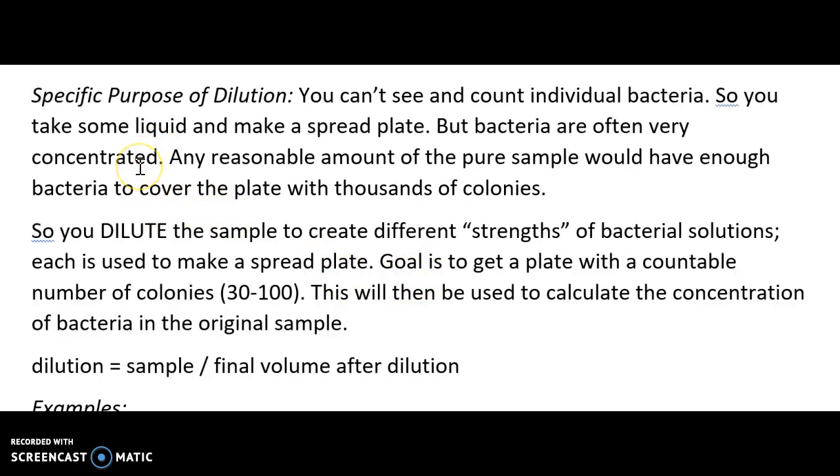To a more specific question, why do we do this dilution math? We can't see and count individual bacteria, so we take liquid and make a spread plate, and then we grow them out and we look for colonies. The bacteria are so concentrated that if we put pure sample on a plate, we would get thousands of colonies, too many to count.